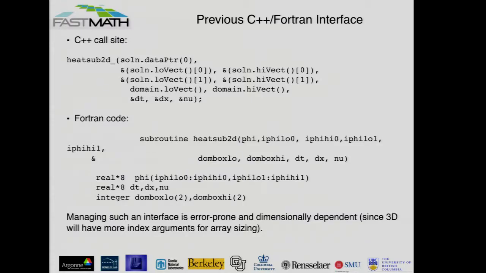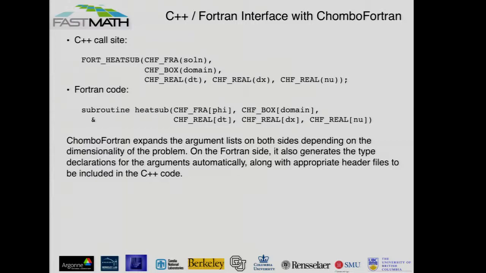With Chombo Fortran, the C++ call site says that there are all of these structures that I want translated into Chombo Fortran, and it does not specify the dimensionality or give any spatial extent of these arguments. It's the macros of Chombo Fortran that expand it appropriately, and it interfaces with the corresponding routines in Chombo, right?